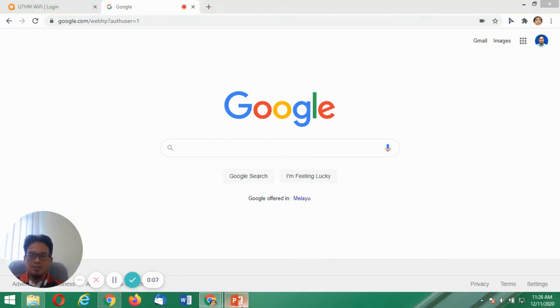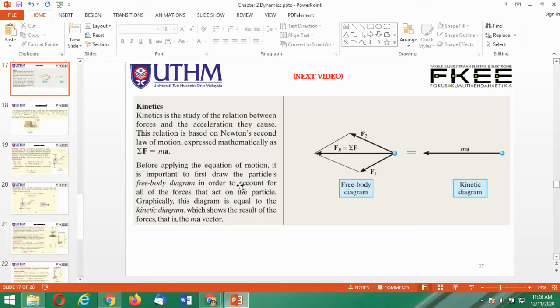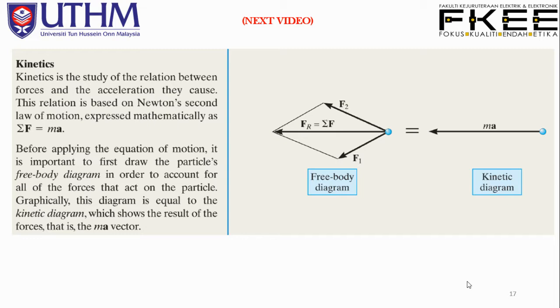So let us continue with our subtopic of dynamics, namely kinetics, and this is how we define the meaning of kinetics. Kinetics is the study of the relation between forces and the acceleration they cause, whereby this relation is based on Newton's second law.